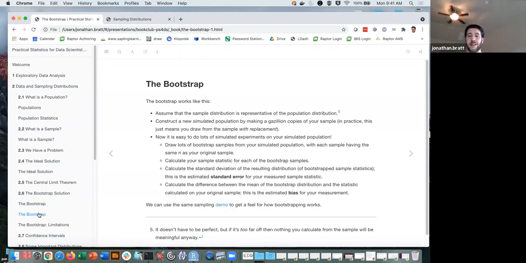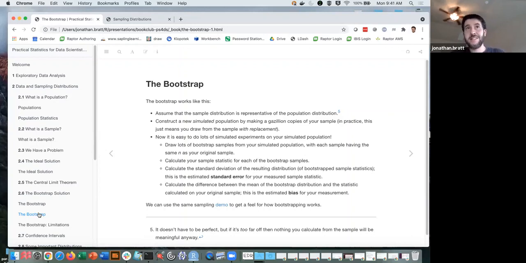Now I can calculate my sample statistic on the bootstraps. So now I have a distribution. It's a bootstrap distribution. It's not the real sampling distribution that I'd get if I did 1 million experiments, but it's as close as I can get with one sample. So I can calculate the standard error of that distribution of bootstrap sample statistics.